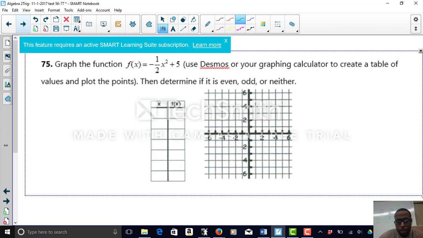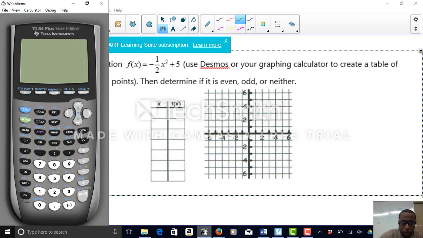Graph the function f of x using decimal, so your graphing calculator. So again, you have to use your graphing calculator for this one. You're going to press on. You're going to plug your function in by pressing y equals. Once you plug it in, you should be able to put the graph.